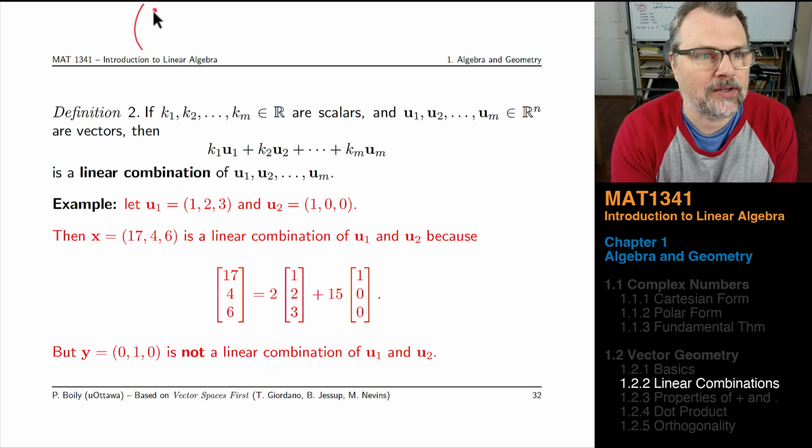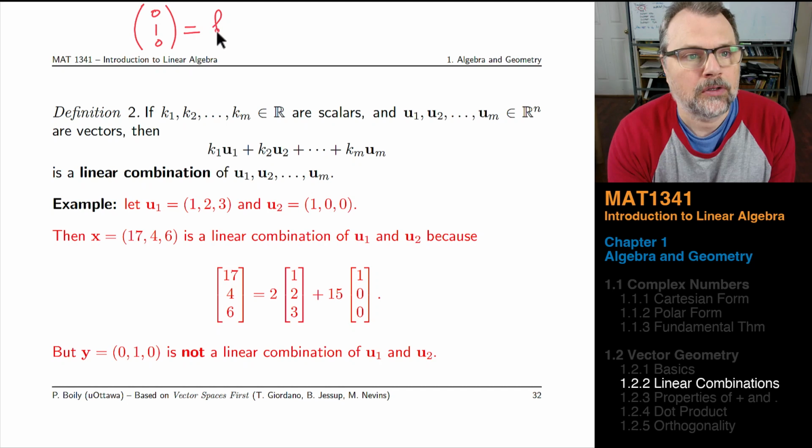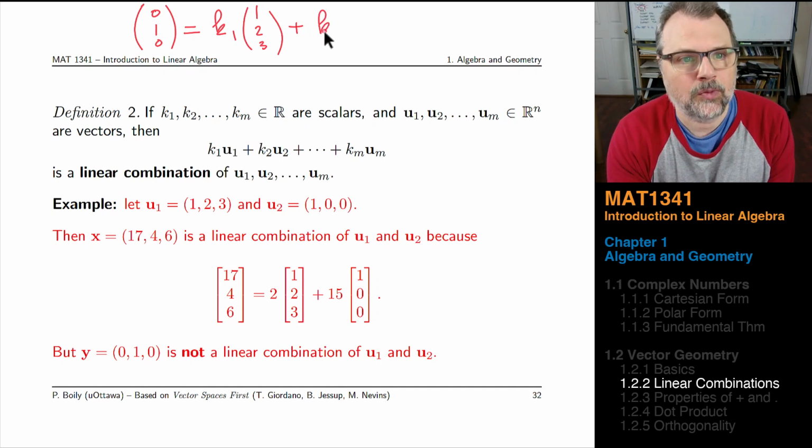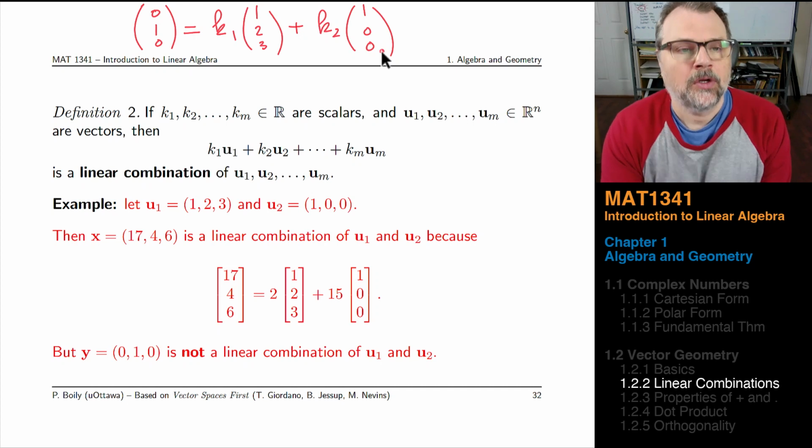We'd like to write 0, 1, 0 as a linear combination of the other vectors. The first one was 1, 2, 3. The second one was 1, 0, 0. Well, what do we know?